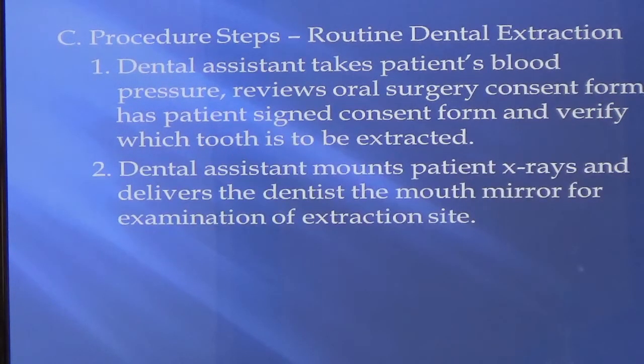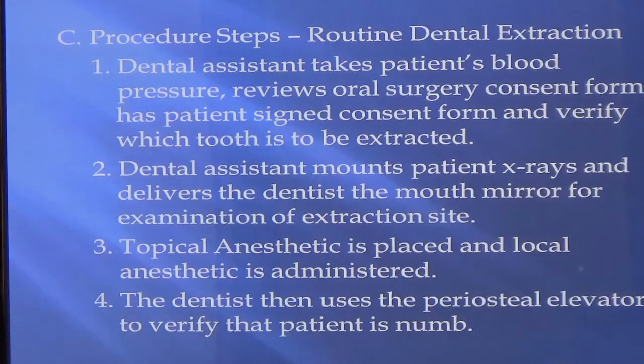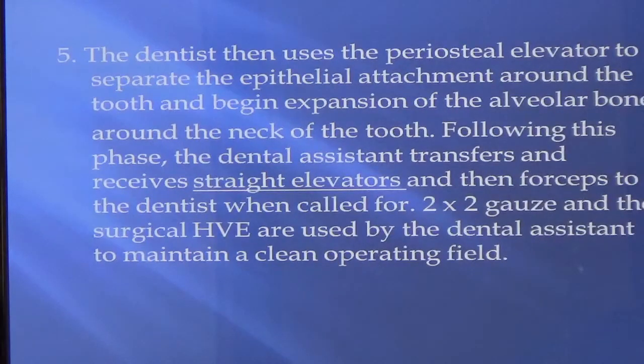The dental assistant, and we'll go over some of the risks when we do the lab. Dental assistant mounts the patient's x-rays, delivers the dentist the mouth mirror so that he can take a look. Topical anesthesia, if you haven't placed it. The dentist checks to make sure they're numb.